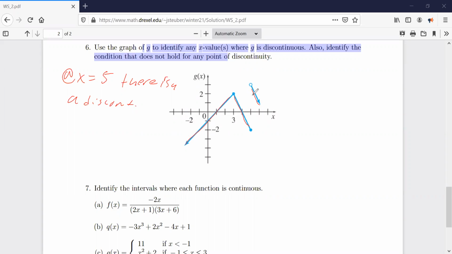Lines are continuous everywhere, so the only places we have to worry about are the two breaks in how it's defined, at x equals 3 and x equals 5. But we saw that at x equals 3, it's continuous. So we also have to identify the condition that does not hold for this point of discontinuity. What is that condition?